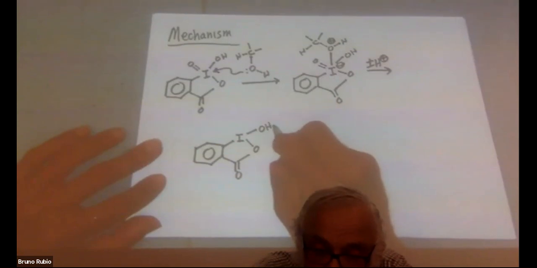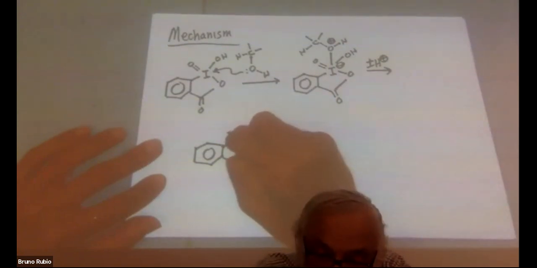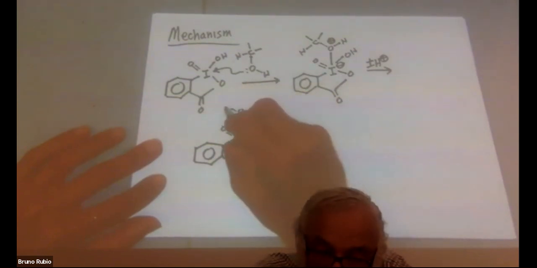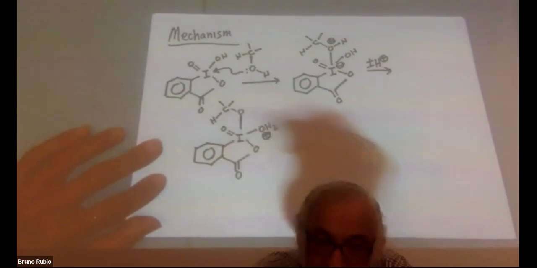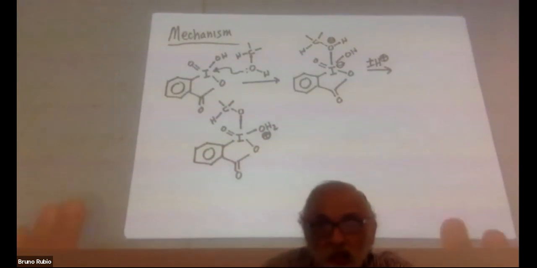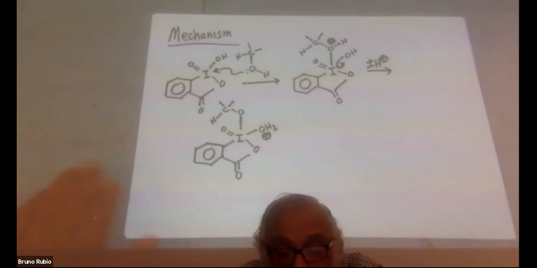That's what gets the proton. There's the carbon. That's what is left of the alcohol. So we have an intermediate that looks like that, where we've just played around with the protons.